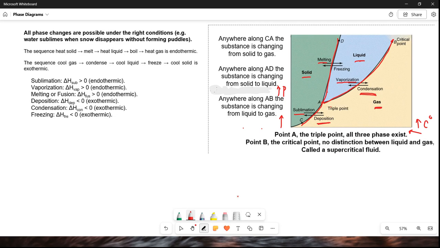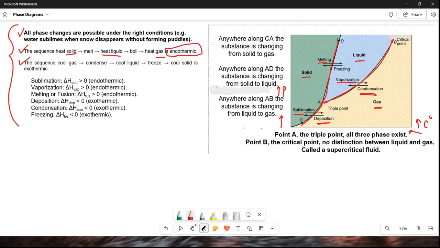So if you look to the left here, we're going to just quickly go over it. We've already talked about what a phase diagram is and the sequence from solid to liquid to gas. And then we have going the opposite way from gas to liquid to solid. The process of going from solid to liquid to gas is what we call endothermic.